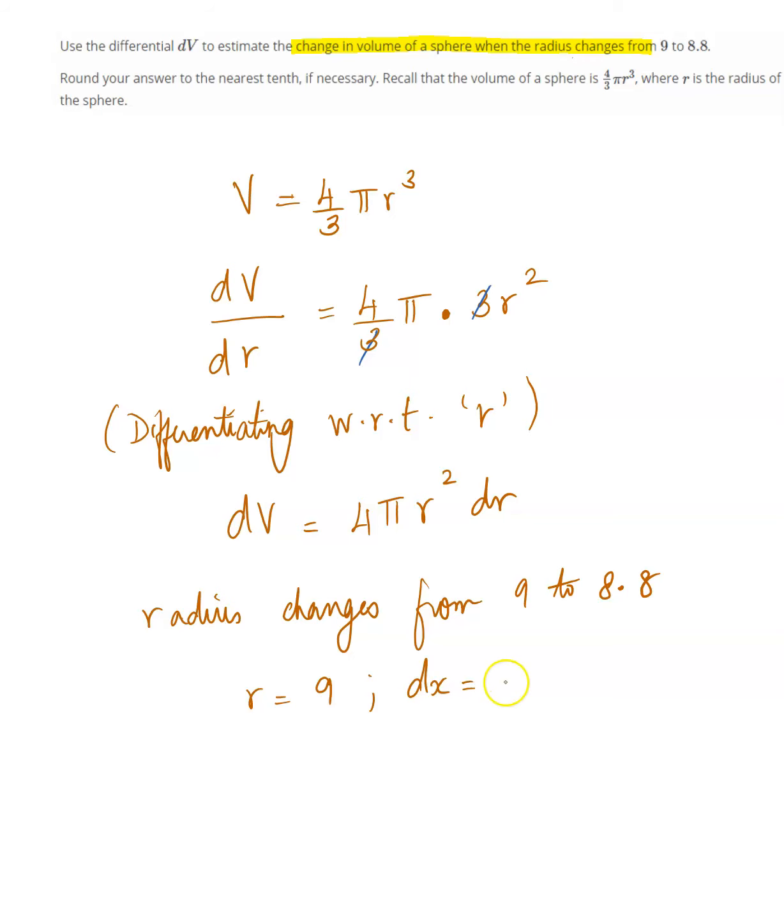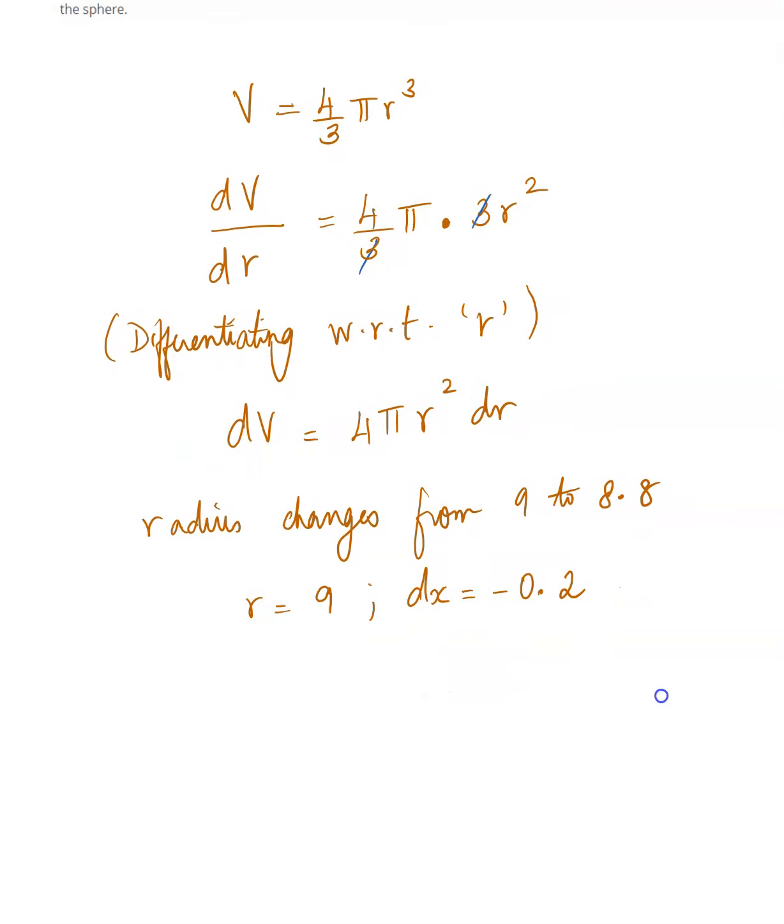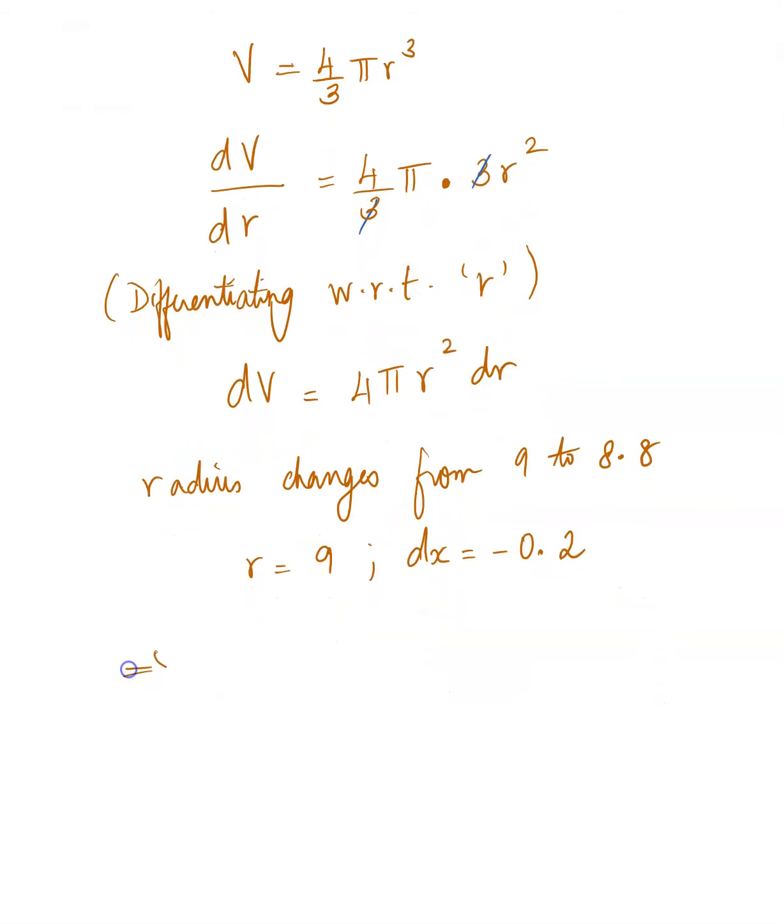So it went down by 0.2, isn't it? So that's a minus 0.2. It went down. So all you have to do is plug them in your dV expression. So I have 4 pi and r is 9 squared and dx is negative 0.2. So this approximately is negative 203.6.